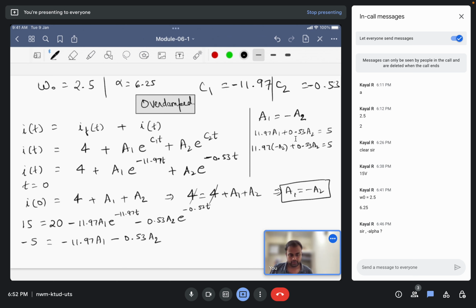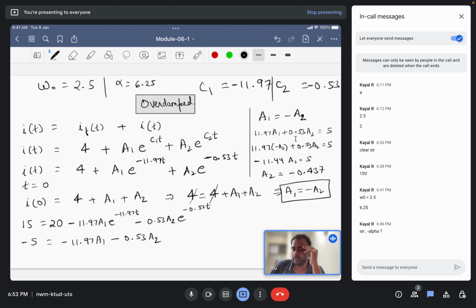So minus 11.97 plus 0.53, this is minus 11.44 A2 is equal to 5. So A2 will be 5 divided by this term, that is minus 11.44. So I hope I am doing it right.